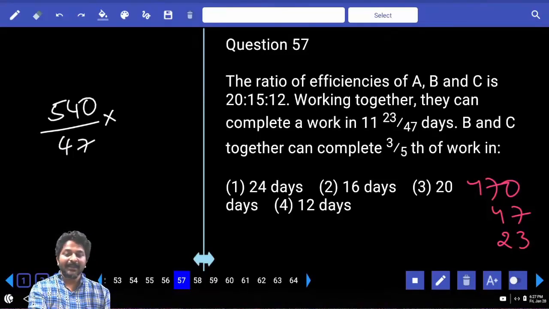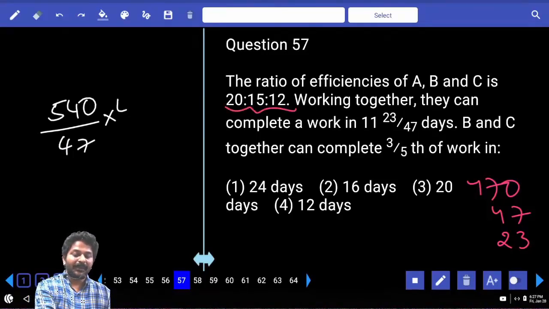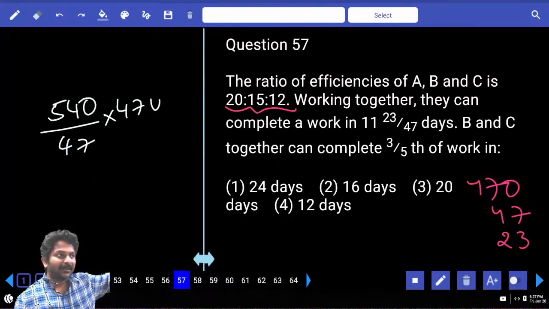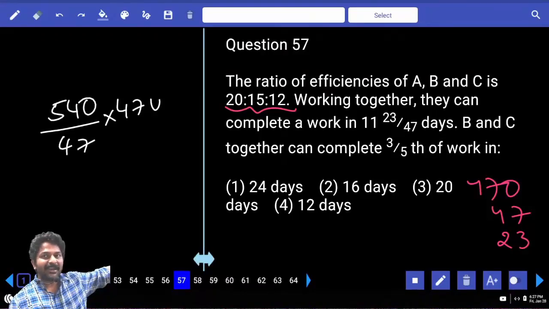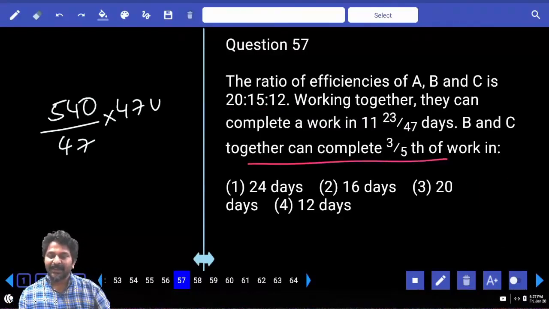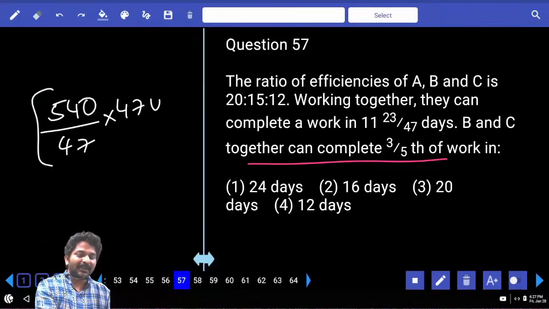Working together, they will do 47 units of work or 47 parts of work. This is the total work, correct? Total work is the work done by all together in a day multiplied by the total number of days taken. Now, BC working together can complete 3/5 of the work in how many days? This is the total work, right?